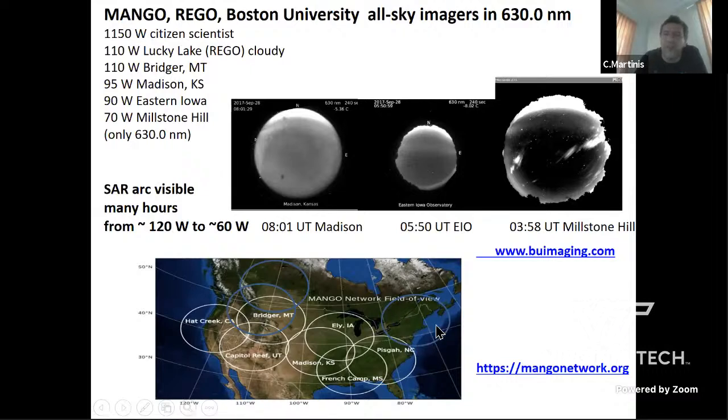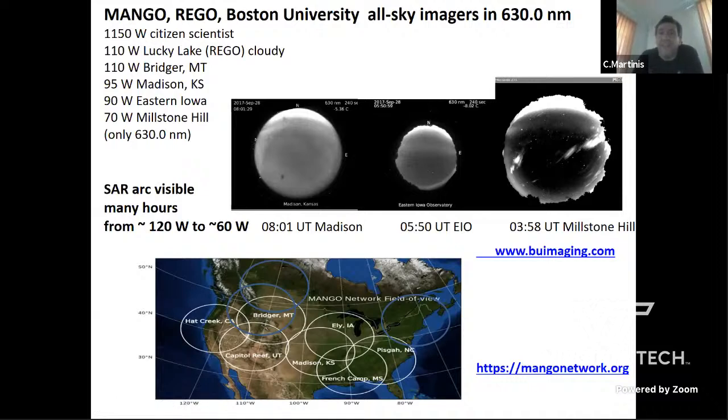Here to the east of North America is the Millstone Hill imager. The top circle represents the field of view of Lucky Lake, a site from the RISR network that's been used a lot for STIB studies. And this is the field of view of the aurora picture that was shown in the previous slide.